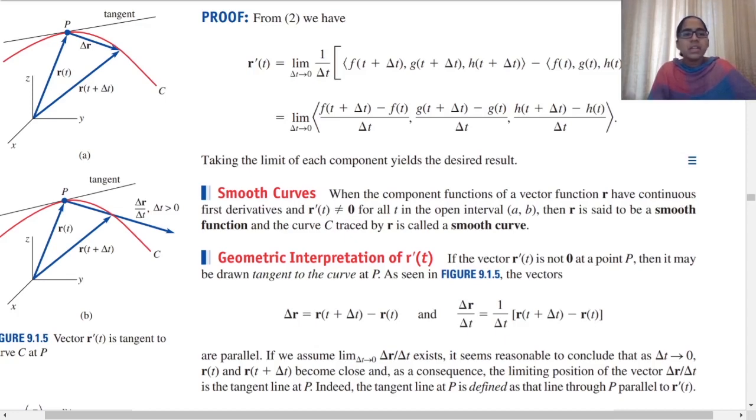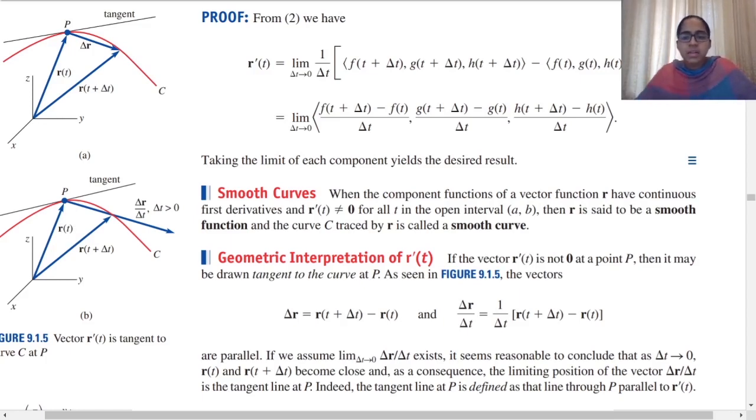If we apply the limiting condition, limit delta t tends to 0, then the vector r of t plus delta t will approach the vector function r of t, and we will get the derivative at that particular point.